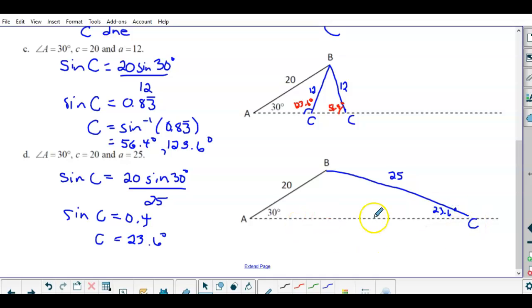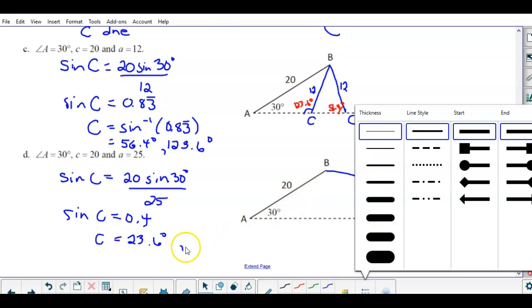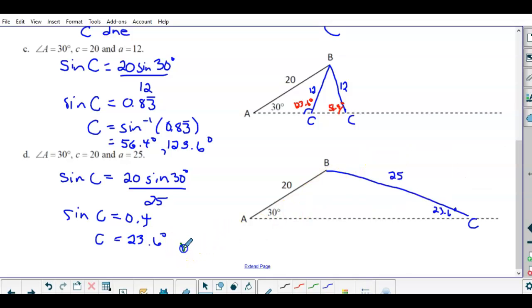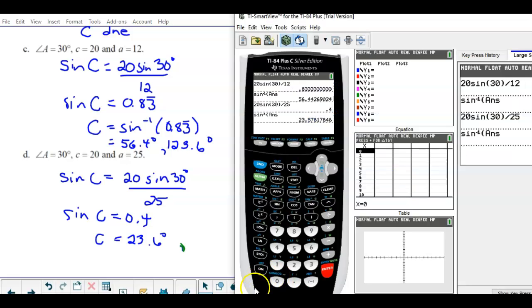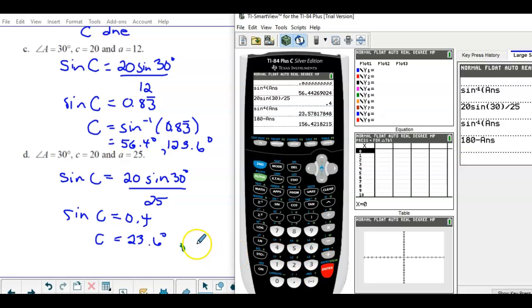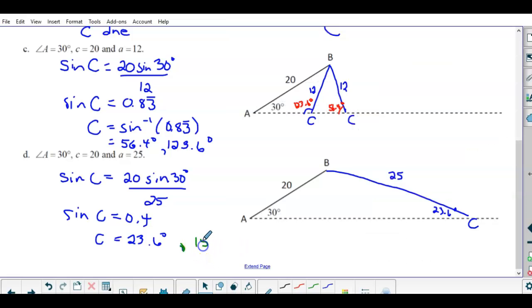Some things that I do is I don't necessarily memorize what's in the chart that we're going to talk about. I think about, does it make sense in a calculator? So for example, say I did 180, I'm just going to do this in green because it's not really going to be an answer. So let's say I did in my calculator 180 minus 23.6. I get 156.4.